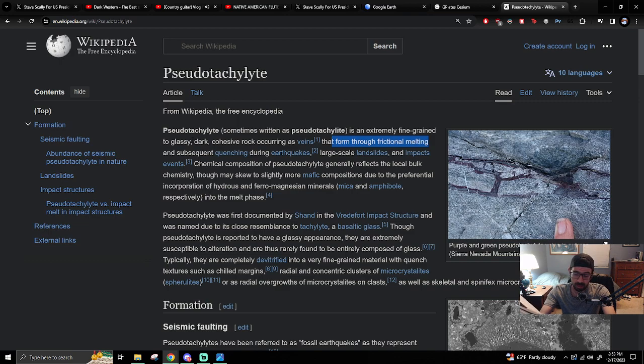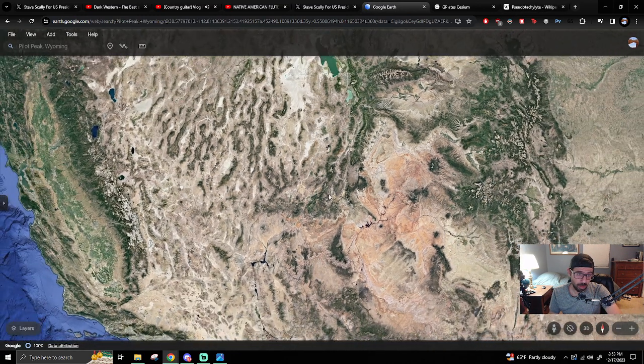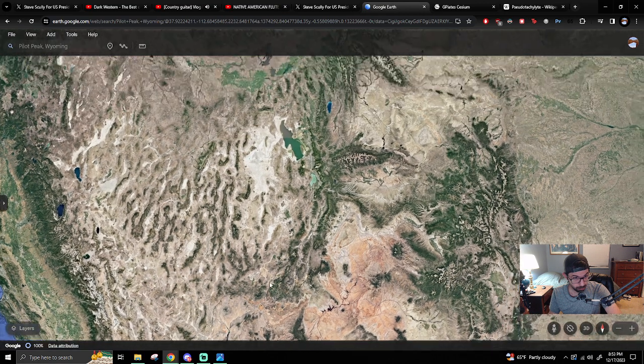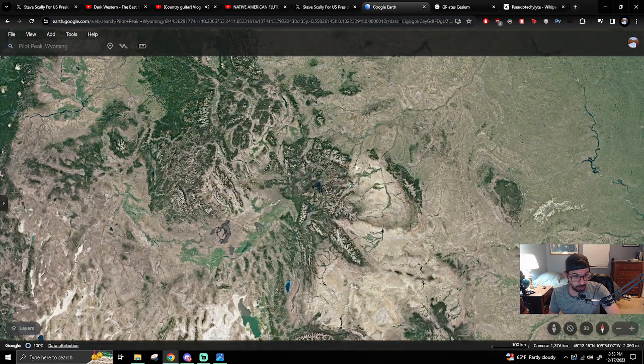Estimated speeds of 100 to 200 miles per hour. So we've got estimated speeds of 100 to 200 miles per hour over here, and we've got estimated speeds of 100 to 200 miles per hour over here. Both similar. Certainly it sounds like they're not the most confident in the numbers.